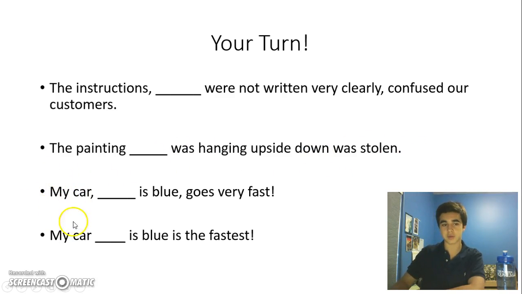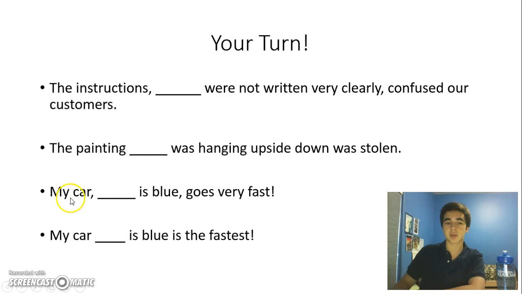Now, the next two that are very similar. Hopefully for the first one, you're able to identify it through the commas. But when you're speaking, you're not going to be saying commas. So you still need to know when to use which and that. For this one, "my car, which is blue, goes very fast."